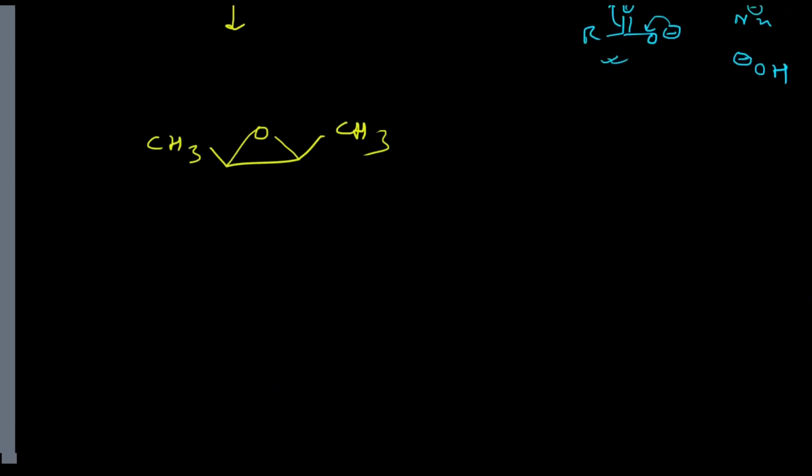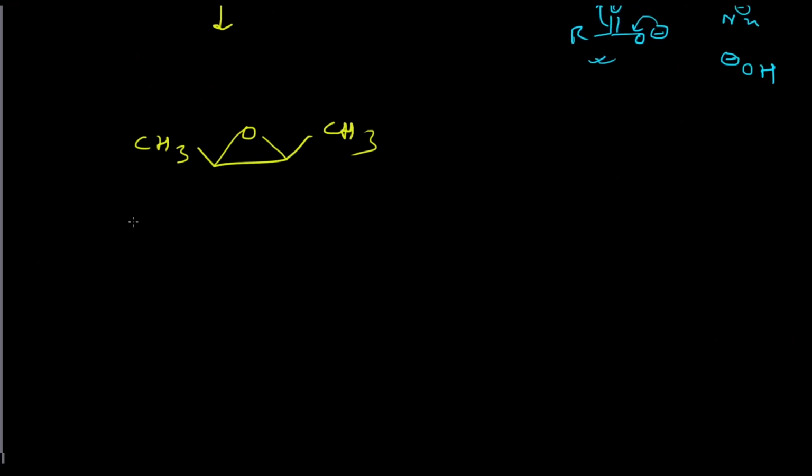If we consider the FMO approach, that is the frontier molecular orbital theory approach, since the alkene is acting as a nucleophile, the HOMO of this double bond will interact with the LUMO of the electrophile.